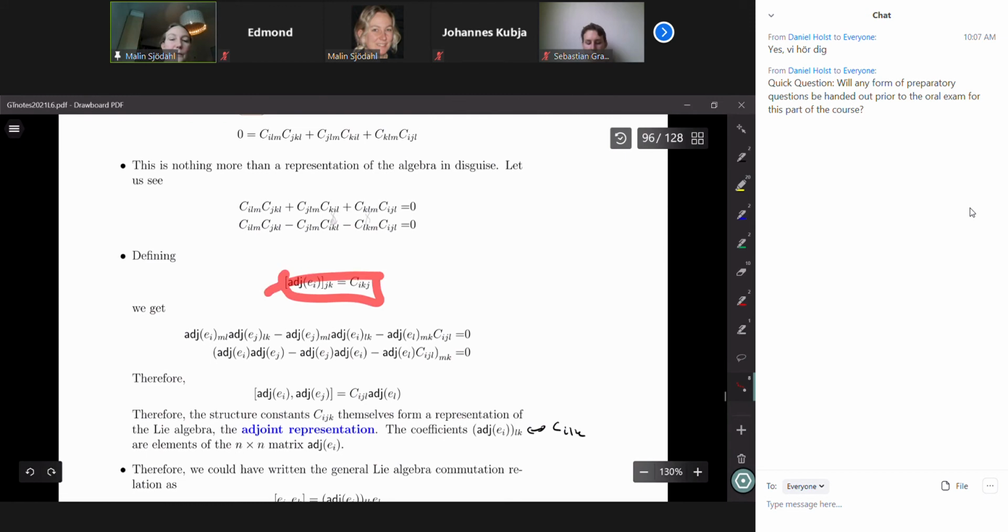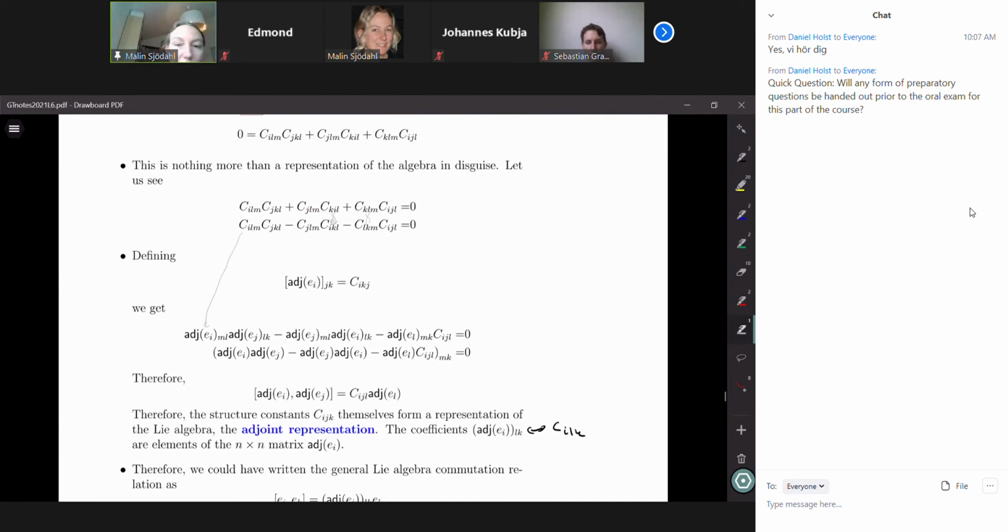Okay, so we have this, and we replace the c's up here with this relation here. The first c is then adjoint E_i, because the first index stands. And then it's component ml, because up here it was lm, and they should then cross down there. And similarly, the other c's are translated.